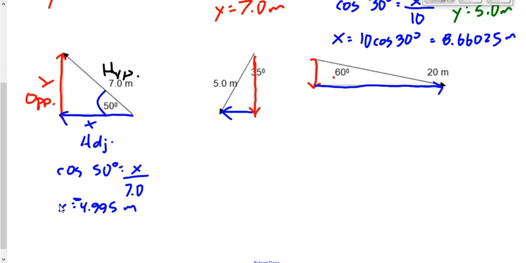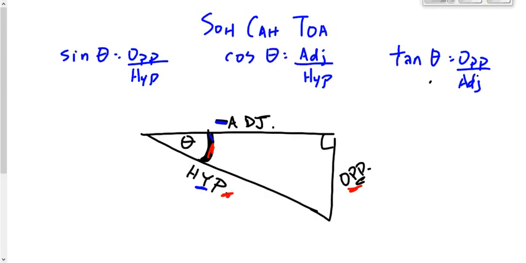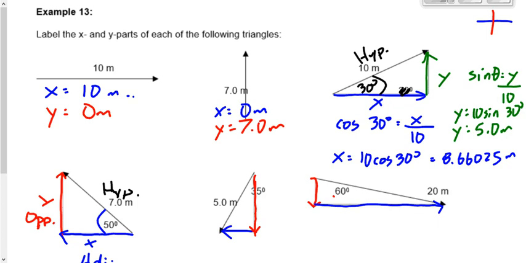Okay, what about the opposite side? Let's not use the one that we just found, even though we could, right? So if we're looking for opposite, we're given theta, we're given the hypotenuse. Which trig function goes with that? Opposite, hypotenuse, and theta. Tegan, which one would that be? Yes.